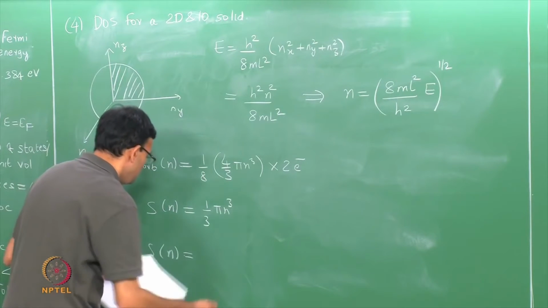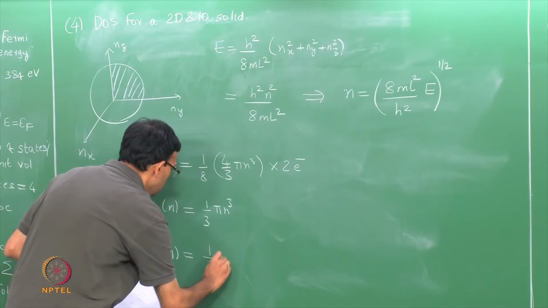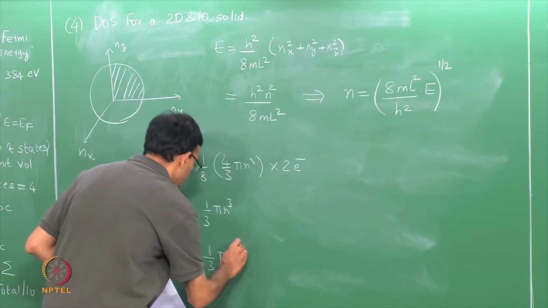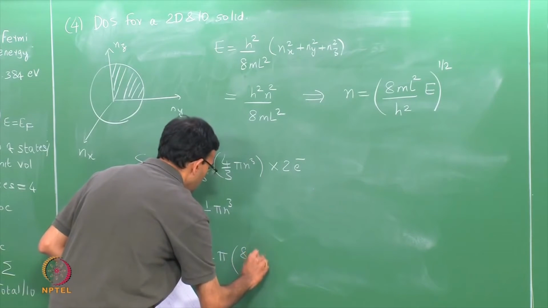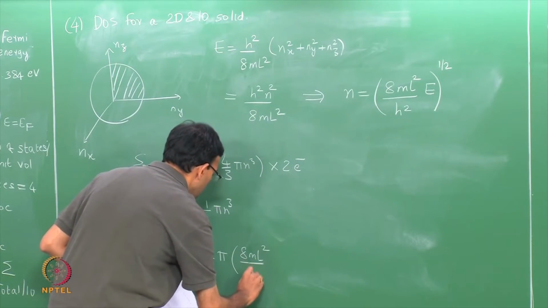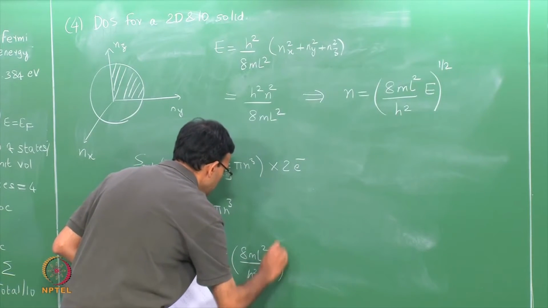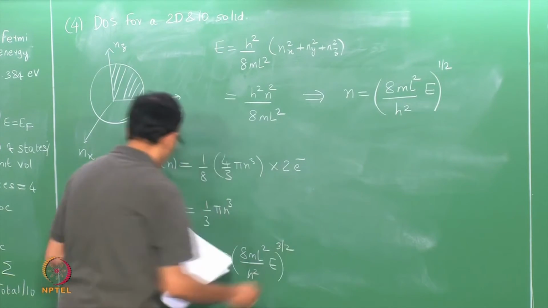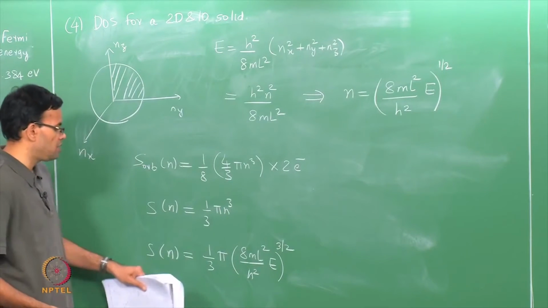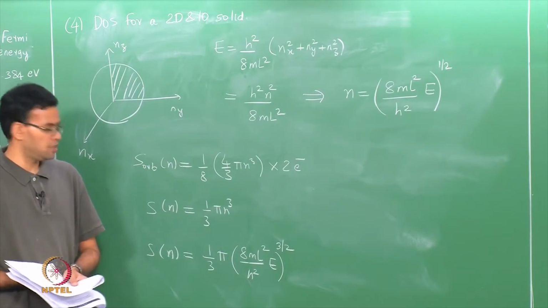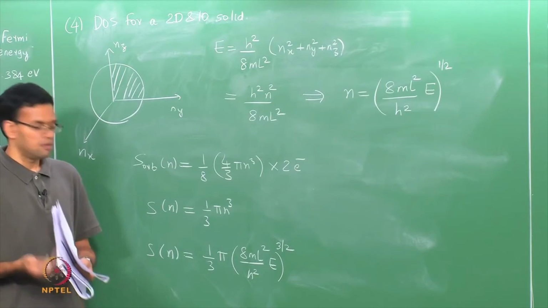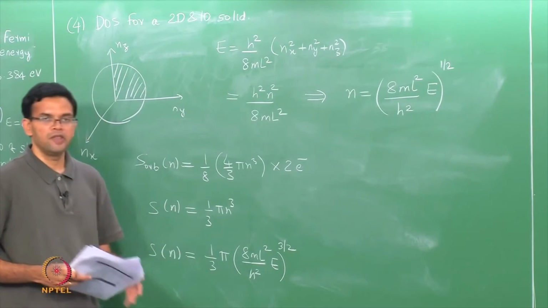So, S of n is 1 over 3 pi times 8 m L square over h square times energy, whole to the 3 over 2. So, this represents the total number of states in terms of the energy.